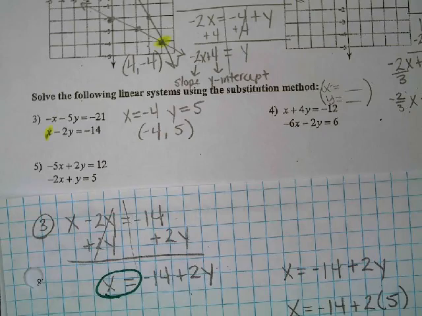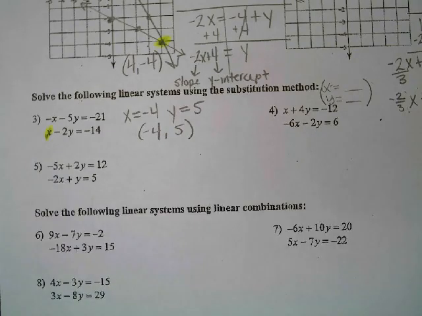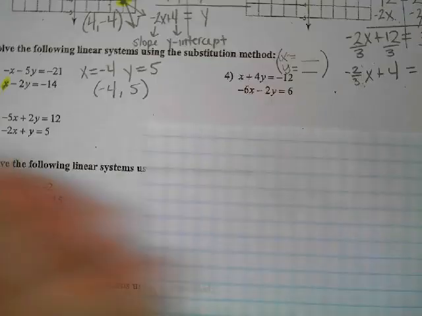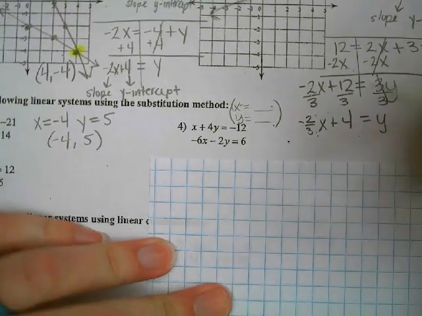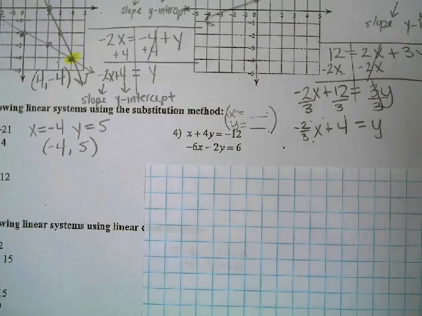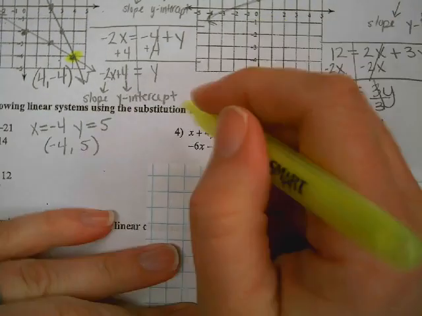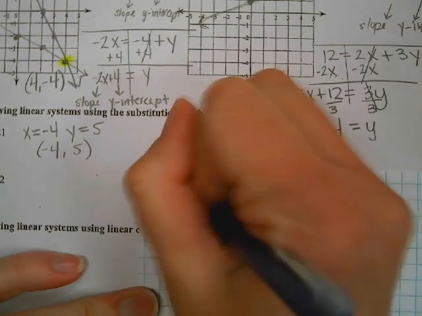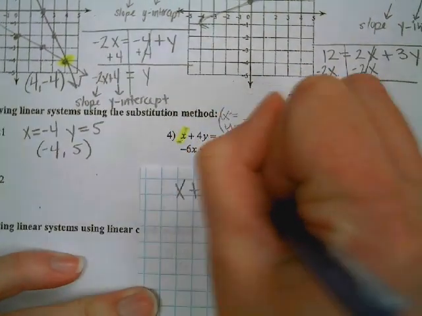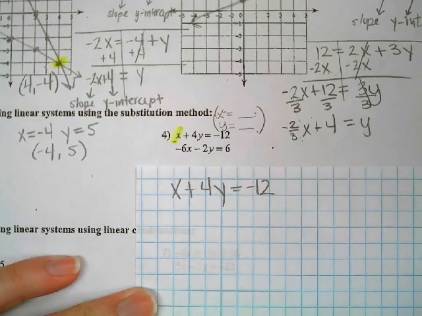All right, number 4. Again, remember your first step. Your first step is to get either x equals or y equals. So I'm going to start with the first equation this time, and I'm going to solve that for x. So the first equation is x plus 4y equals negative 12.